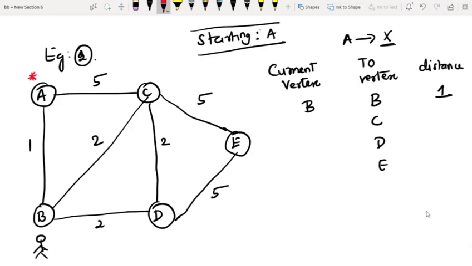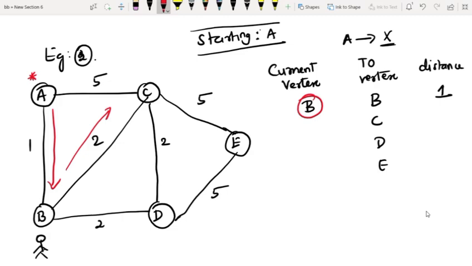Then you can see the current vertex is B. From B, which are the vertices that are directly connected? C and D are the vertices that are directly connected. So you write the distance from A to C. This is 1 unit and this is 2 units.